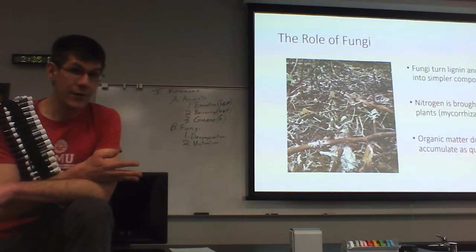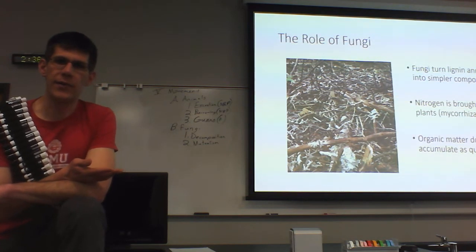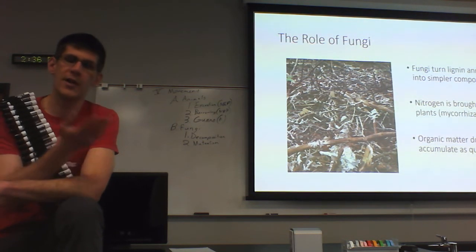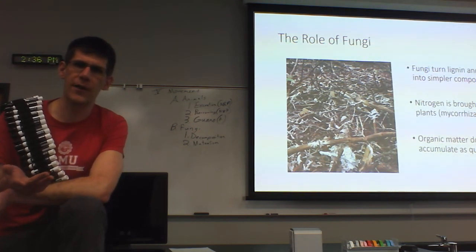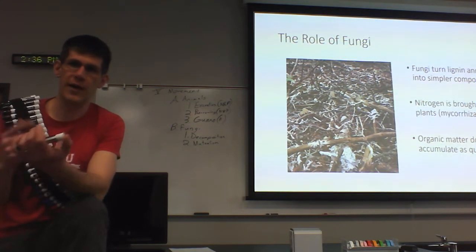And organic matter doesn't accumulate in an ecosystem if there is more fungal activity, which is that soil respiration, remember. Soil respiration goes up when there are higher temperatures because there's higher fungal growth.